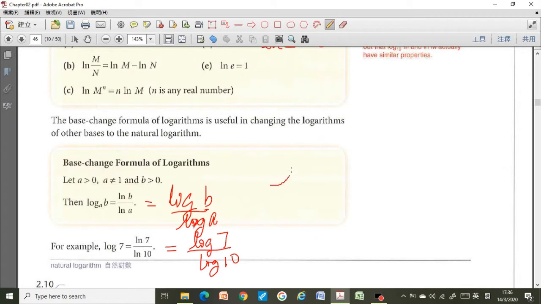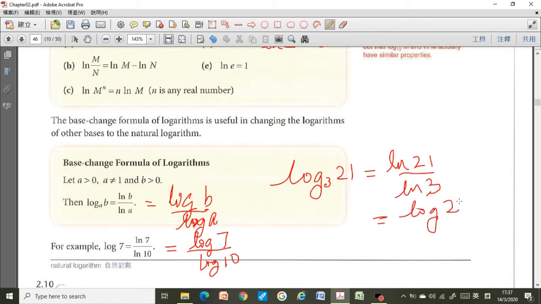If you have an example, logarithm of 21 to base 3, you can either write it as natural log 21 divided by natural log 3, or if you like to use the common log, you have log base 10 of 21 divided by log base 10 of 3. You can try this too. By using your calculator, they give the same answer.